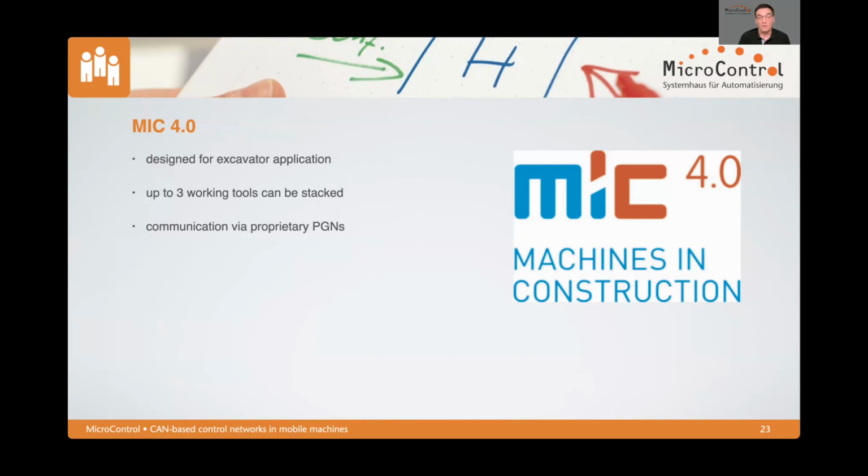So I was told there at the fair that this is just a single CAN bus and it's just for the tool of the excavator. But if somebody else within his excavator wants to add something else to this specific bus, which is using the same proprietary PGNs, then you're running into deep problems. So using proprietary PGNs with J1939, from my point of view, is a nightmare.